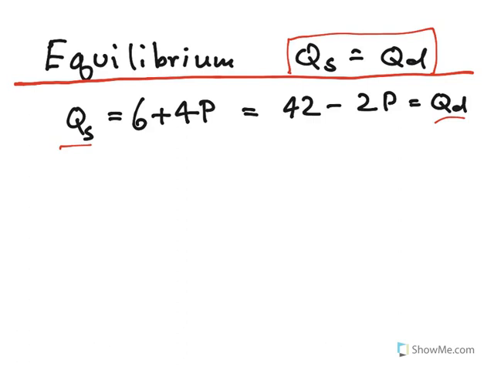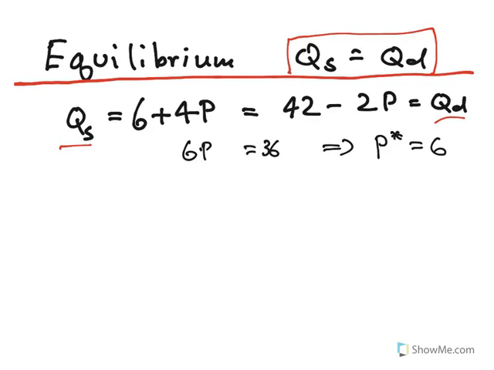Let's set them equal to each other and then solve for the equilibrium price. If you work through the algebra, we have 6 times P equal to 36. In other words, the equilibrium price is $6.